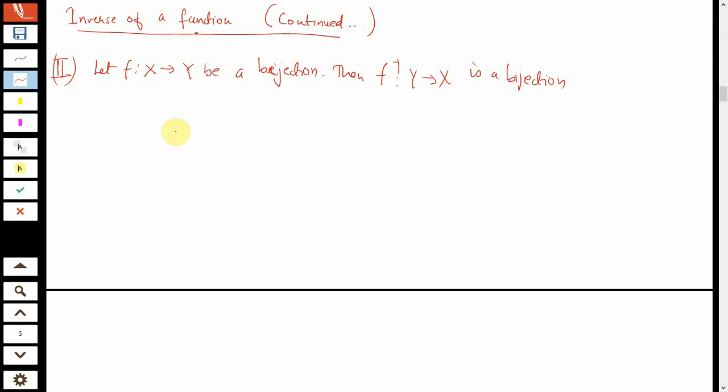Okay, so this process of finding an inverse is reversed. Inverse of f is f inverse, and the inverse of f inverse is f. So the proof to show that f inverse is a bijection.